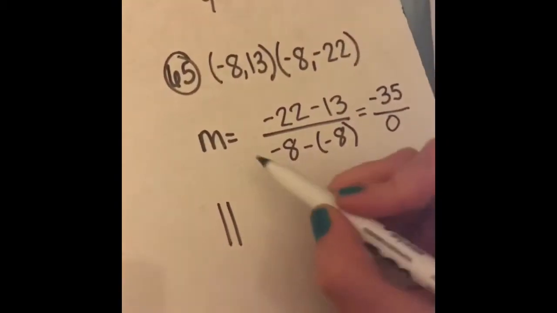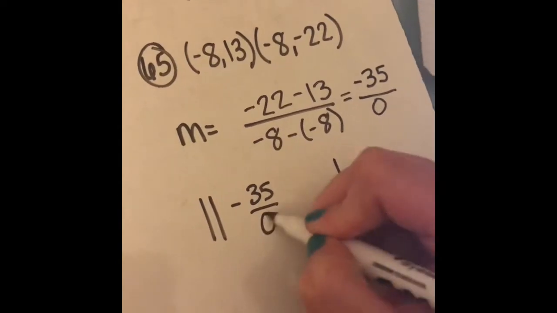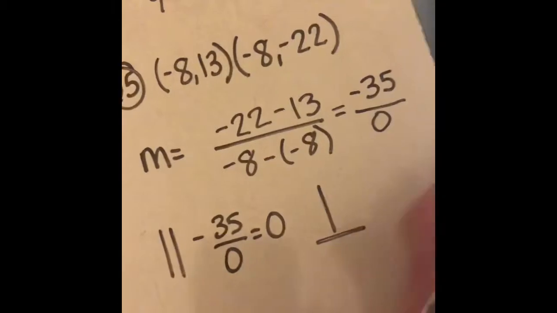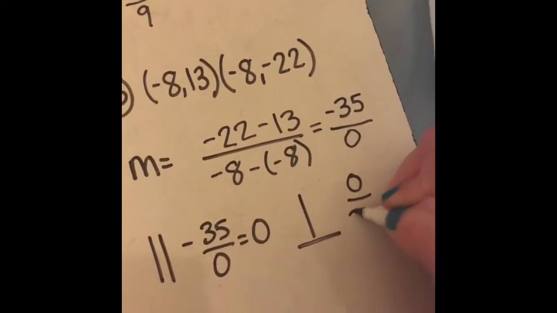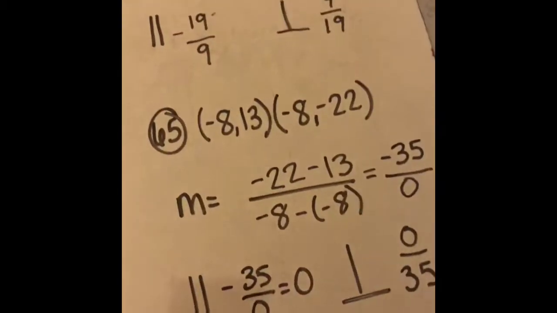So here it would be the same, which equals 0. And then here it would be positive 0 over 35.